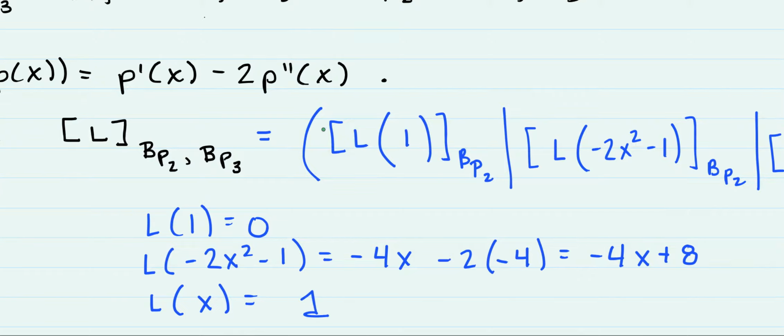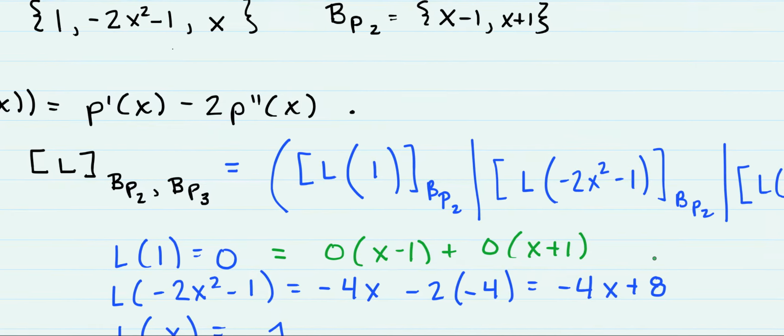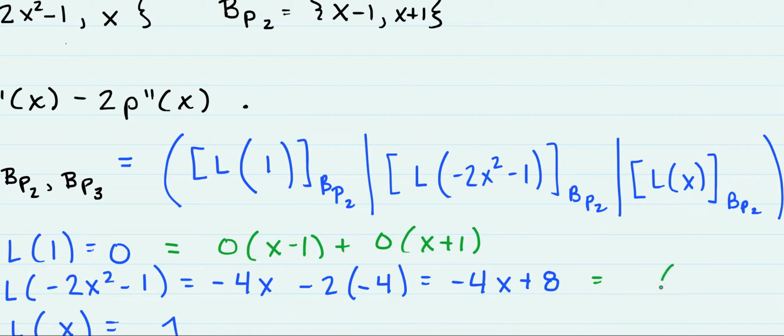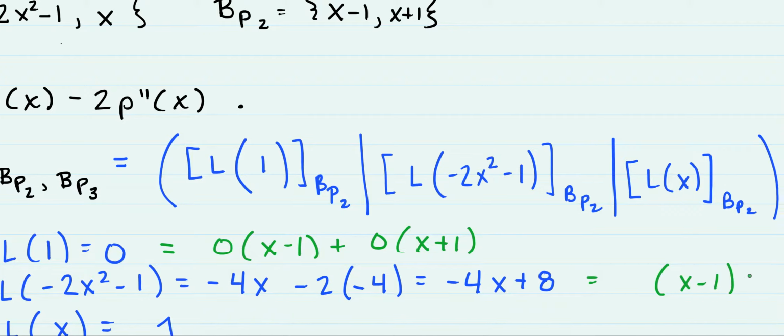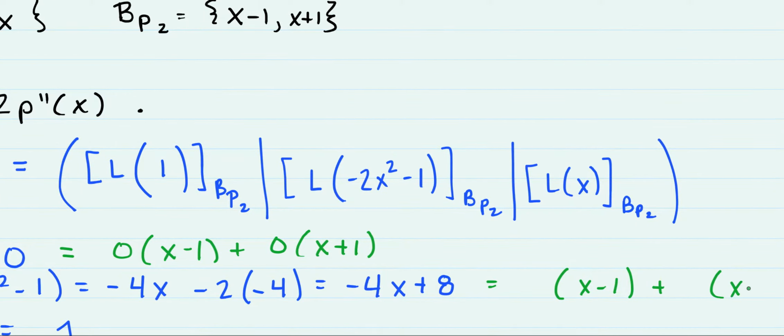Great. Now I need to write 0, negative 4x plus 8, and 1 in terms of this basis. Well, the first one's easy. This one is 0 times x minus 1 plus 0 times x plus 1. But what about negative 4x plus 8? So this is what times x minus 1 plus what times x plus 1?